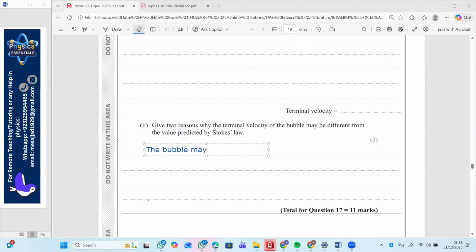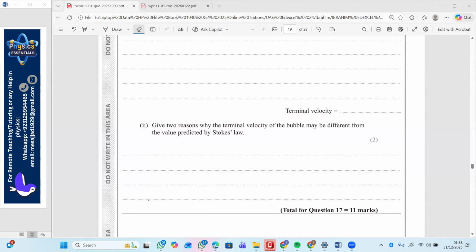Number one: the bubble may not have laminar flow, as Stokes' law is only applicable to laminar flow.